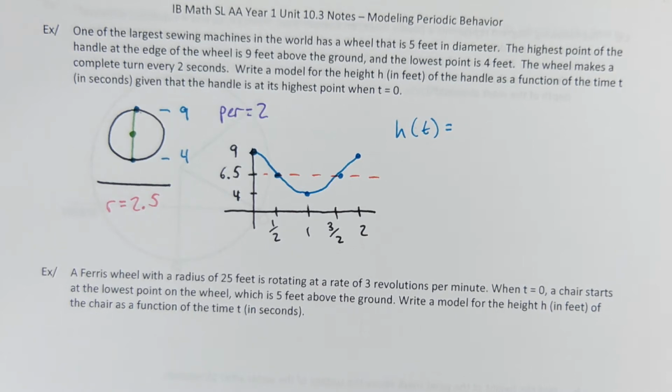Is it shaped more like a sine wave or more like a cosine wave? It's shaped more like a cosine wave because it begins at a maximum just like a cosine wave would. What is its amplitude then? 2.5. In word problems like this, the amplitude is always the radius, always. If you think about it, the radius tells you how far away from the center you could go, above it and below it. So the radius will always be our amplitude.